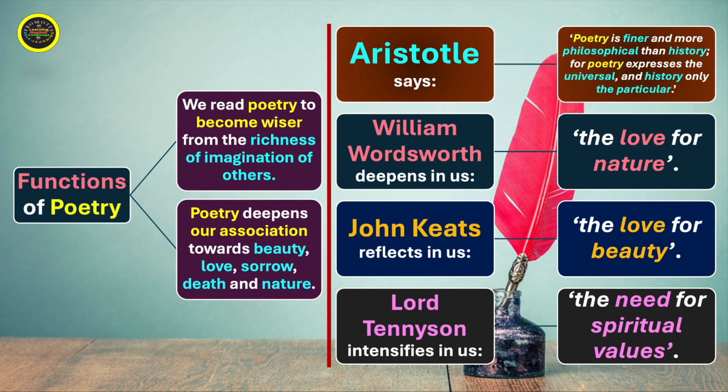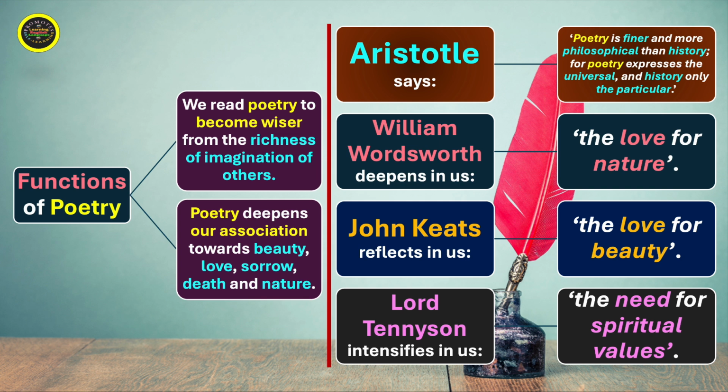When we read the poetry of Lord Tennyson, it helps us in appreciating the need and the power of spiritual values in our life. So these are the most important functions of poetry. In what way we are being enriched by our habit of reading poetry, and how reading of poetry helps shape our understanding of the world, of the nature, of life, of beauty, of love, and so on.